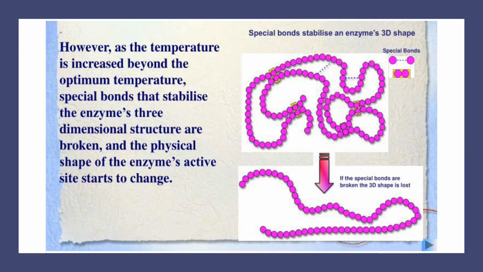The diagram shows how, as the temperature is increased beyond the optimal temperature, the special bonds that stabilize the enzyme's three-dimensional structure are broken. Hence, the physical shape of the enzyme active site starts to change.